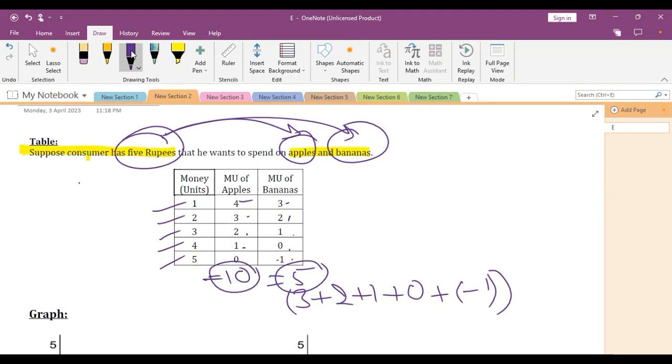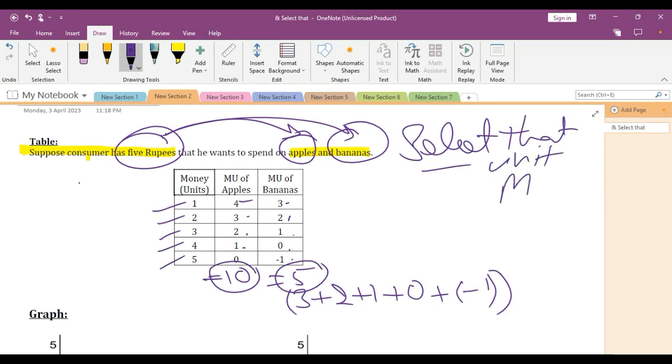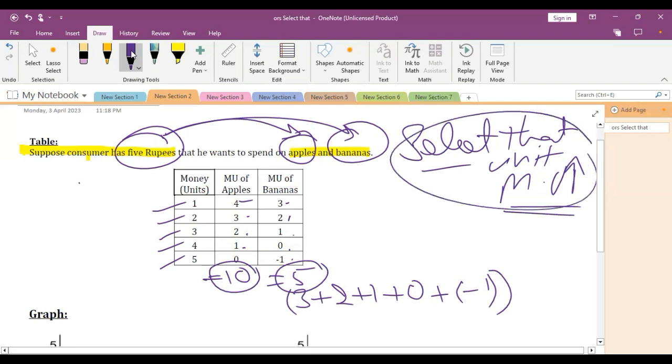Let's say the consumer always selects that unit whose marginal utility is greater than the other one. So keep in mind this concept. Let's make a combination.